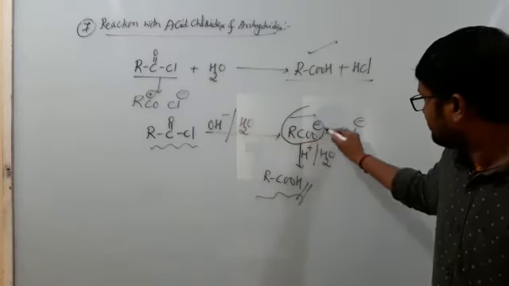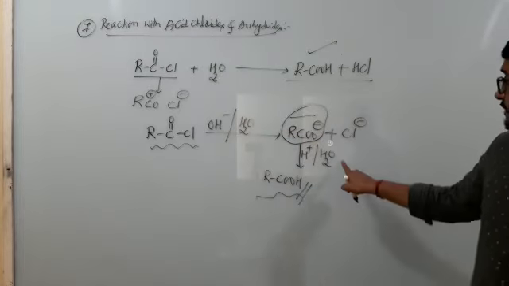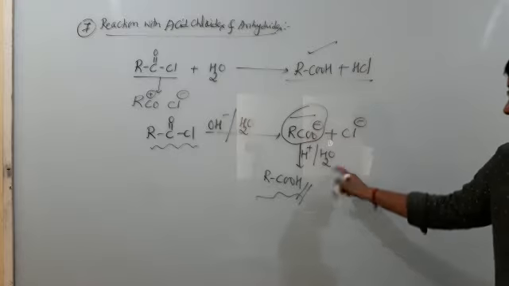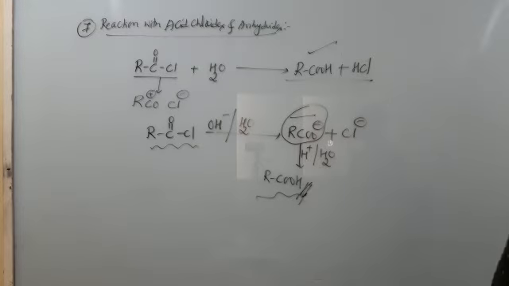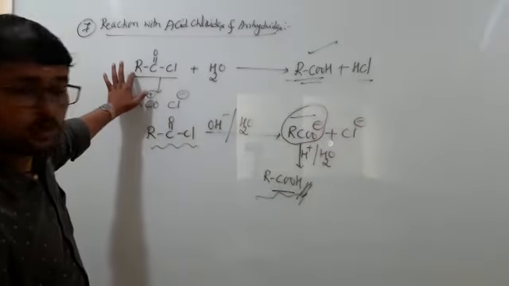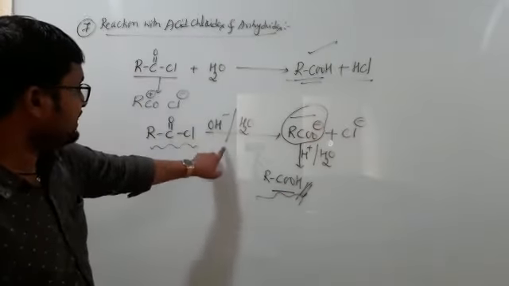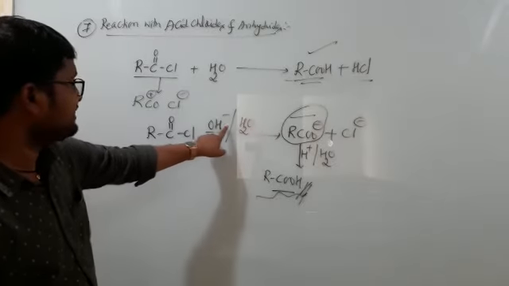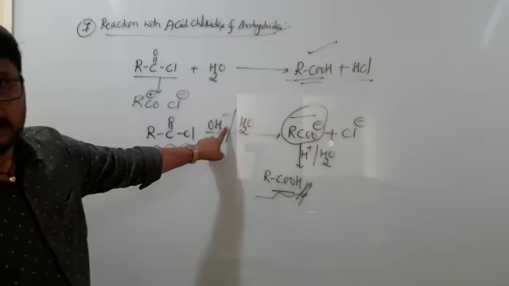When this carboxylate ion is further subjected to acid hydrolysis, we are going to get carboxylic acid as the major product. So this is how to get carboxylic acids by direct hydrolysis of acid chloride as well as by the hydrolysis of acid chloride in the presence of an alkali.